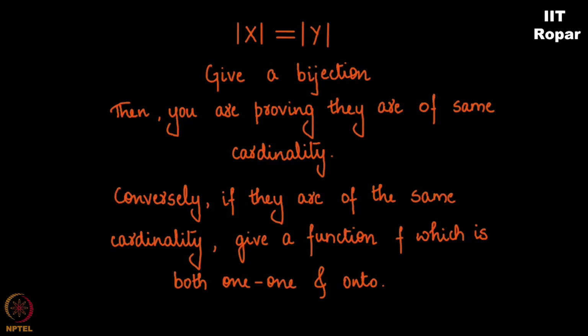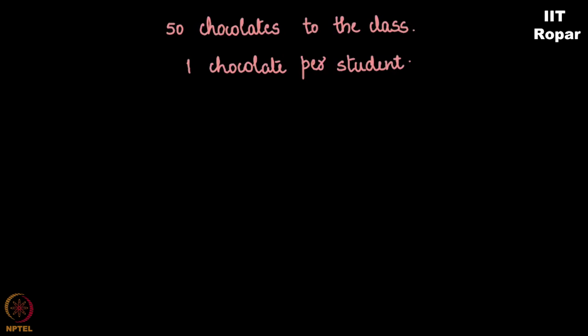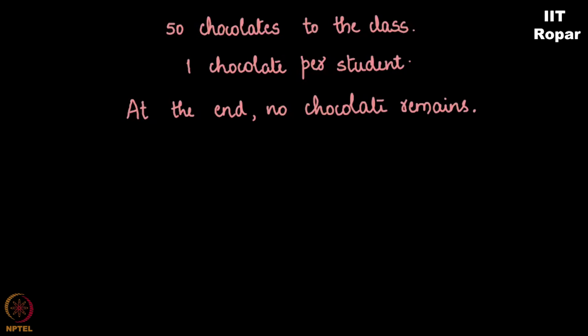Let me illustrate a nice example here. I take 50 chocolates to my class and distribute 1 chocolate each to every student. By that I mean I give 1 chocolate to a student and every student gets a chocolate. At the end of this exercise, no chocolate is left.